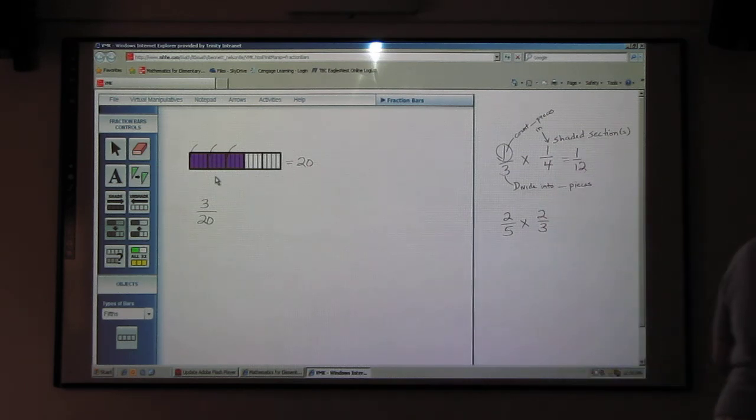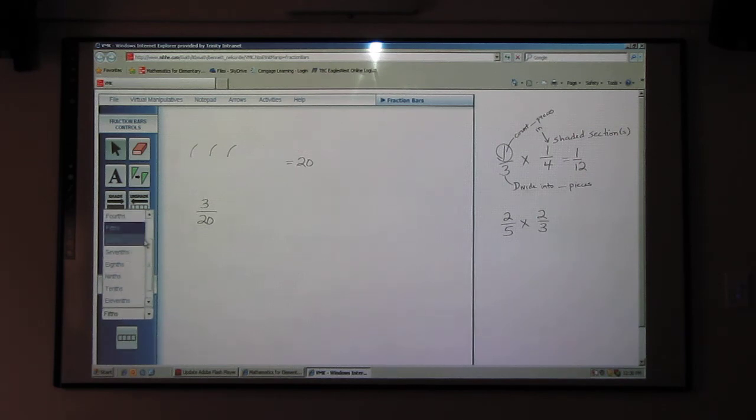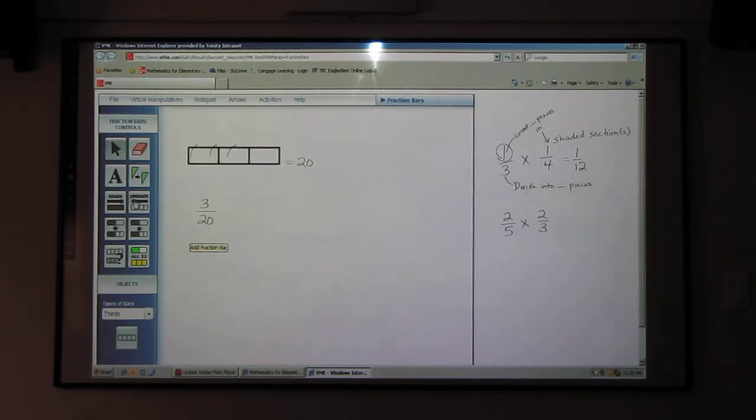While I'm doing this, think about which fraction piece I am going to get out. Okay, let me erase this one. All right, I'm going to go with the second fraction in the problem. So I am going to get something that will represent 2/3. I bring out the thirds bar, I shade 2 sections.